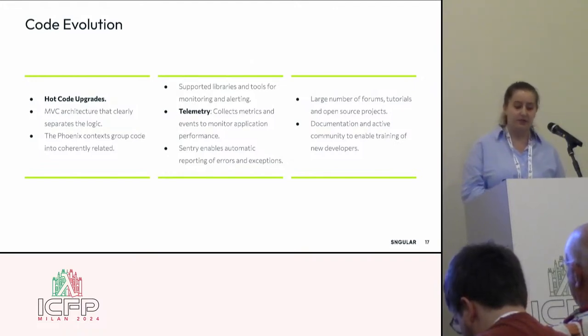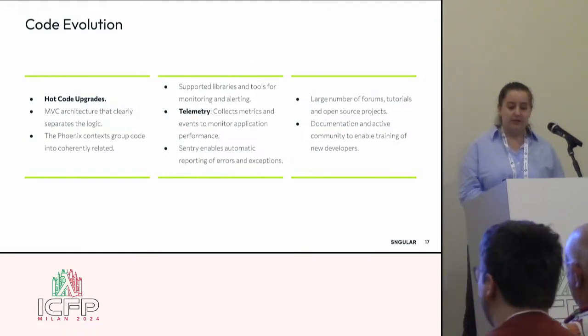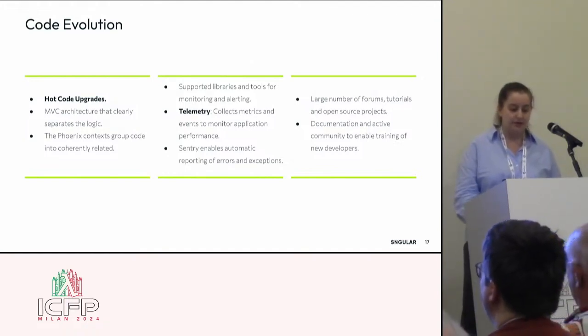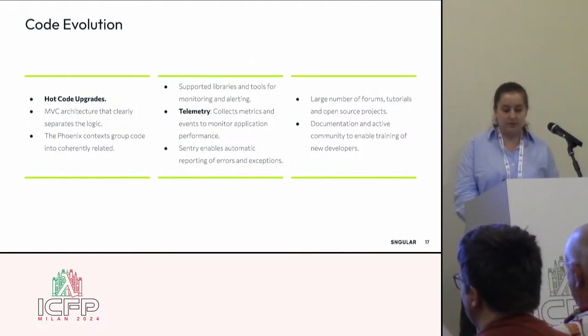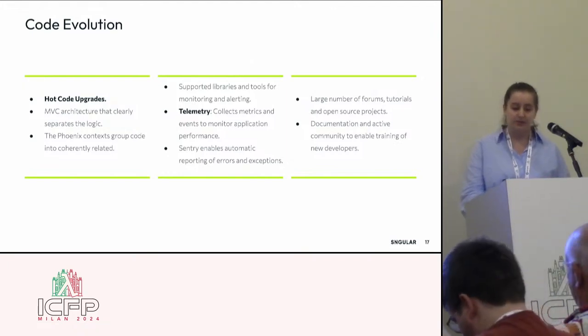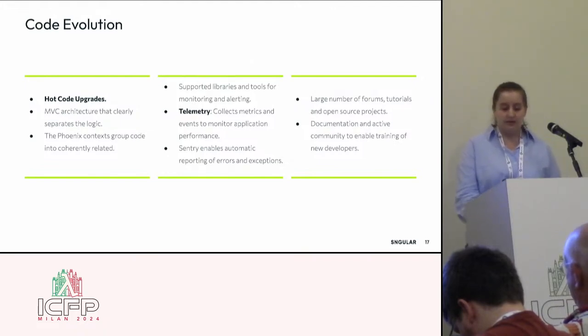The generated code made with Phoenix already separates everything coherently, so that is already ensured. We have monitoring libraries such as Telemetry and have our metrics to ensure that everything is running fine in our application.